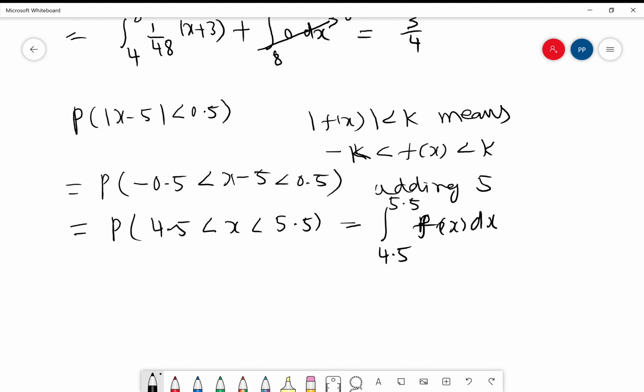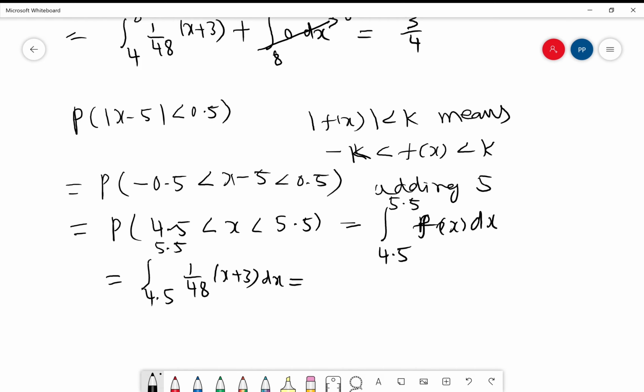Now, this is also a part of the interval 2 comma 8, therefore I can directly substitute for the function p of x as that k, which is 1 by 48 into x plus 3 dx.